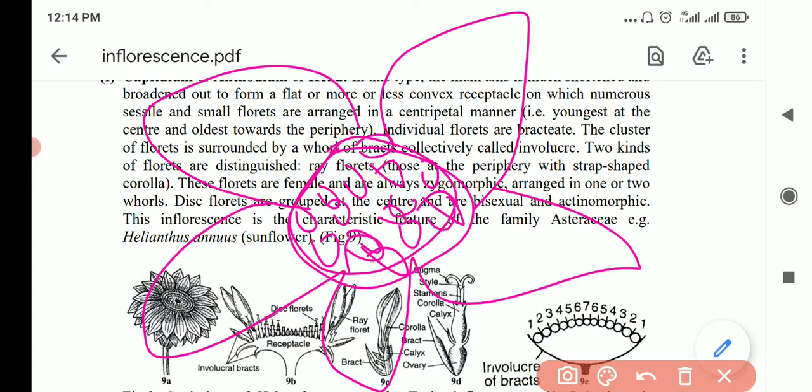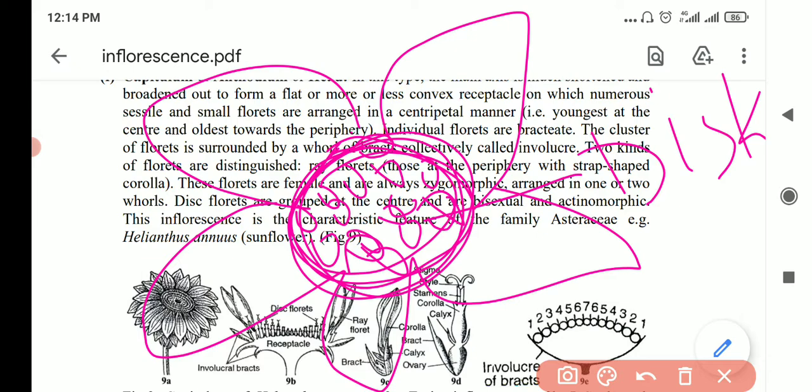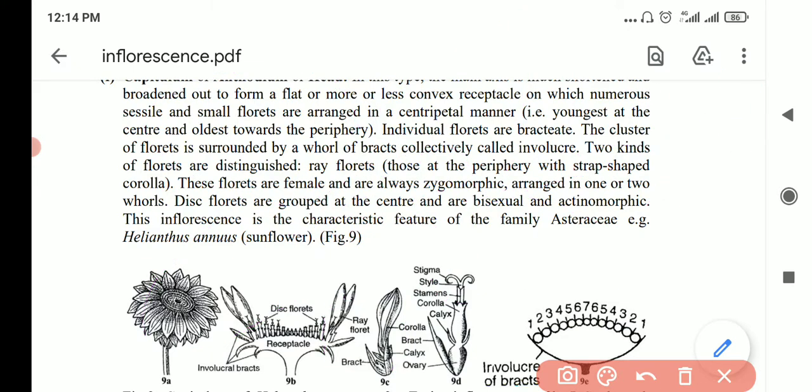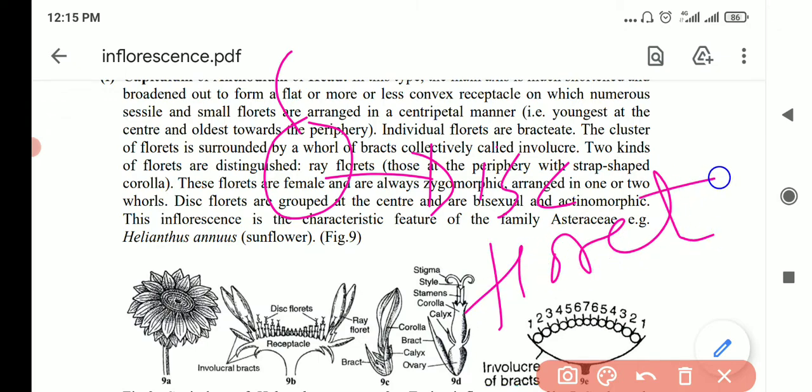So in this central part, we will call it the head part, or the disc part, which we will call the disc floret. And in the head there are so many small flowers.